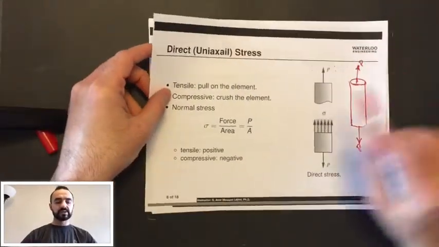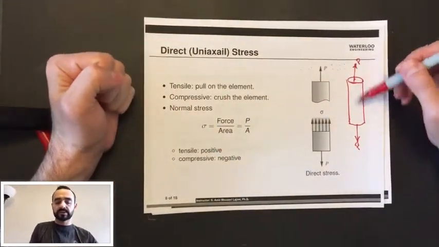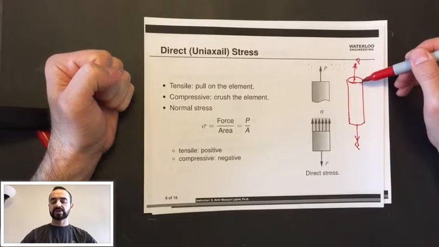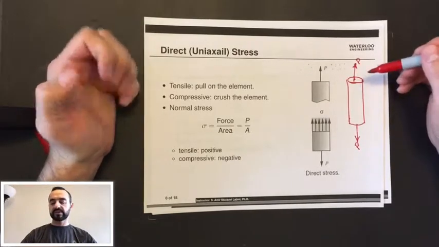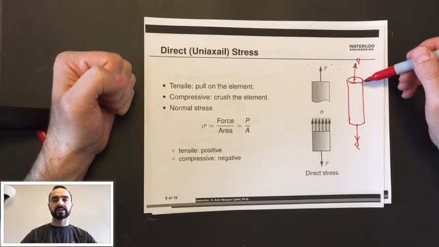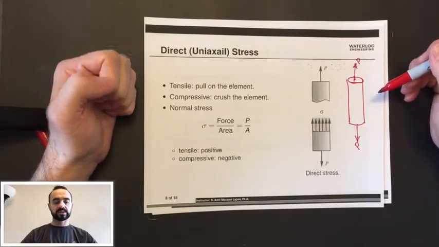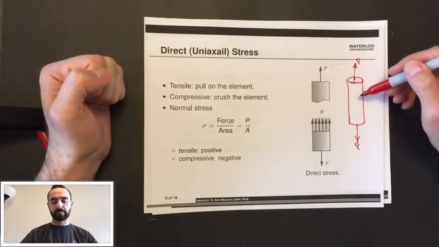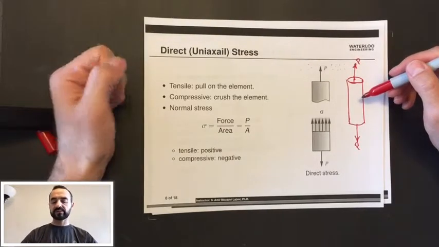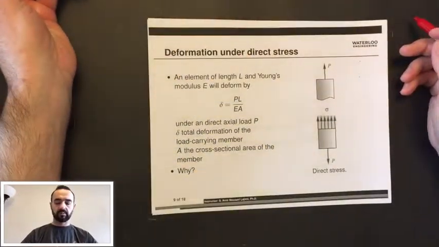As a result of tensile stress, we could pull on the element. We could essentially change the volume of this element, either by a compressive or a tensile load. Also, the compressive load may result in the crush of the element.